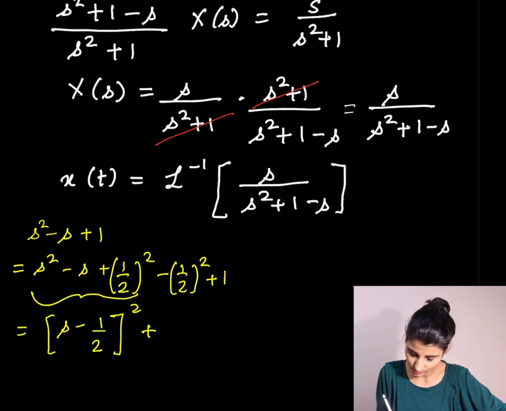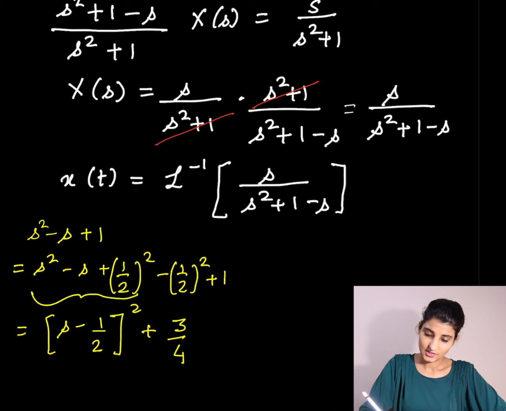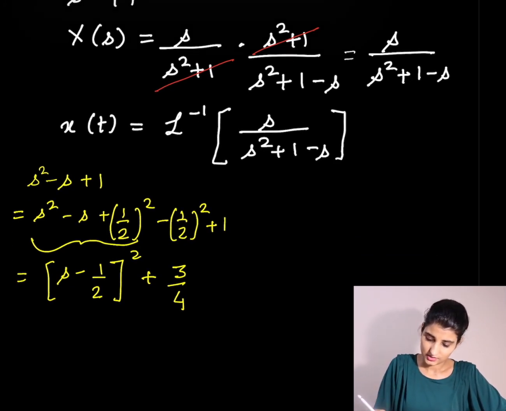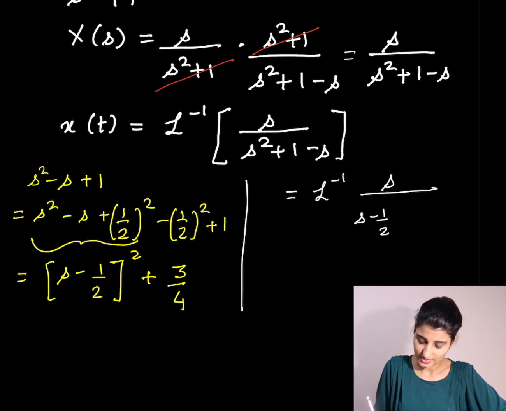So we will have plus 3/4. And so we have the Laplace inverse of s divided by s minus 1/2 square plus 3/4.